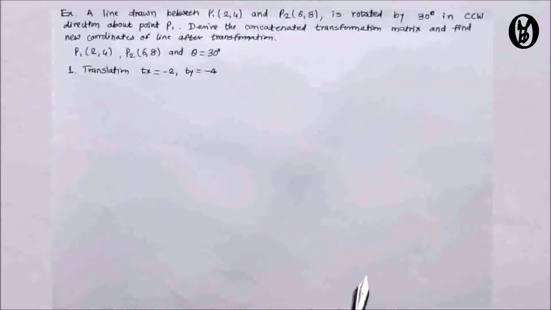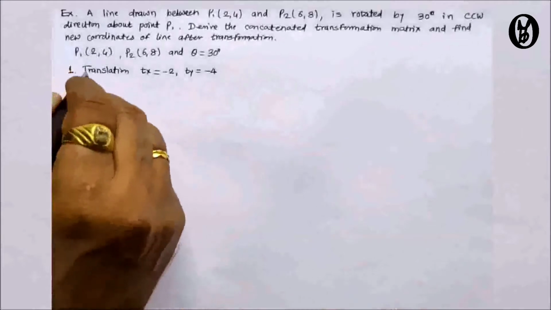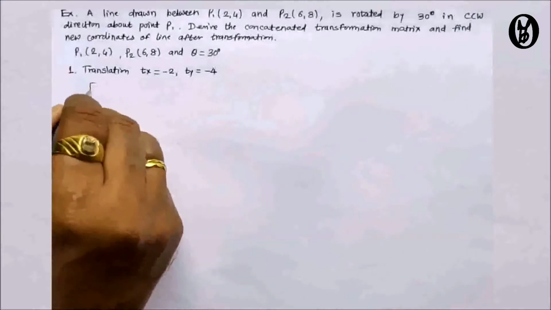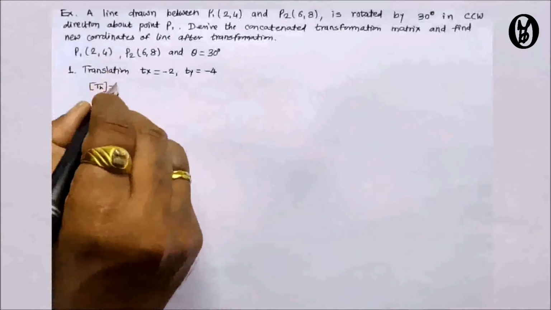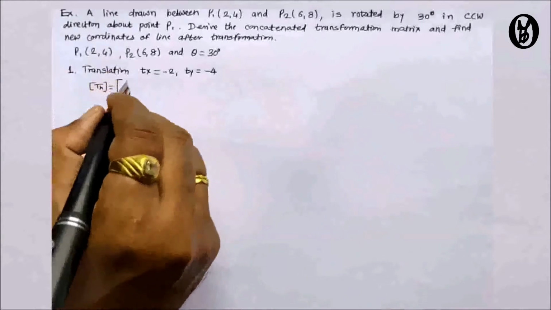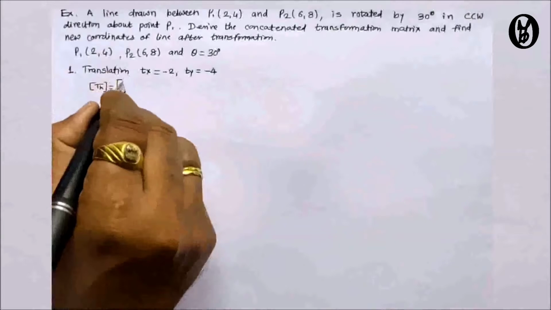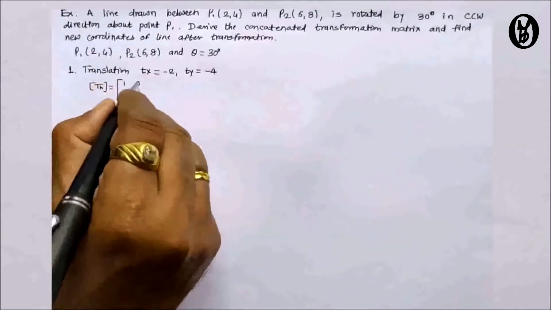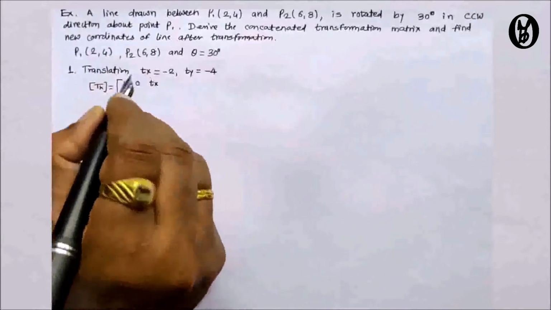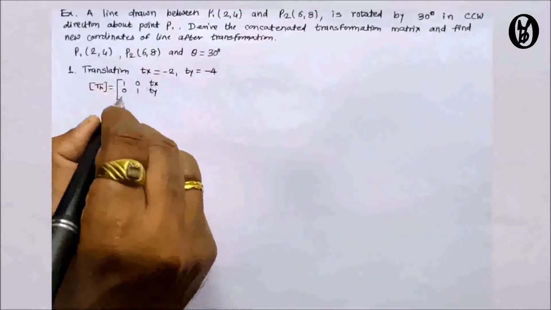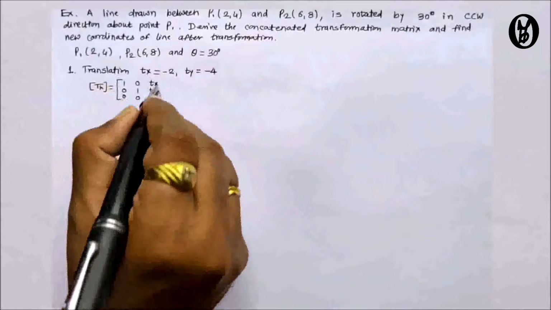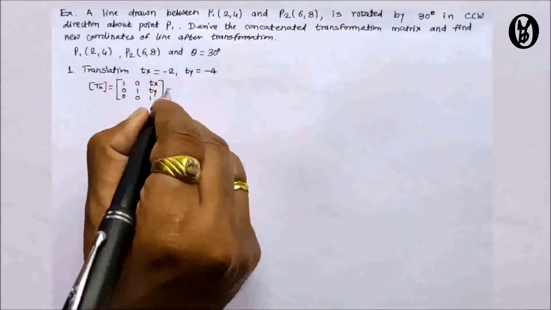We can write the translation matrix using homogeneous coordinates, Th equal to [1 0 Tx; 0 1 Ty; 0 0 1].